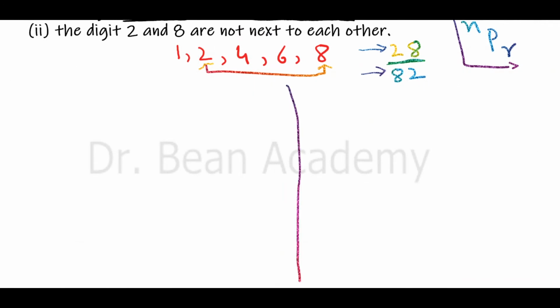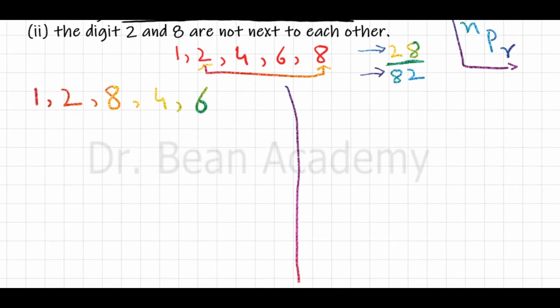So I am rewriting these numbers. On the left I will write them as 1, 2, and now just remember that I am writing 8 here instead of at the end, 4 and 6. So I still have 5 digits, 1, 2, 3, 4 and 5, right?